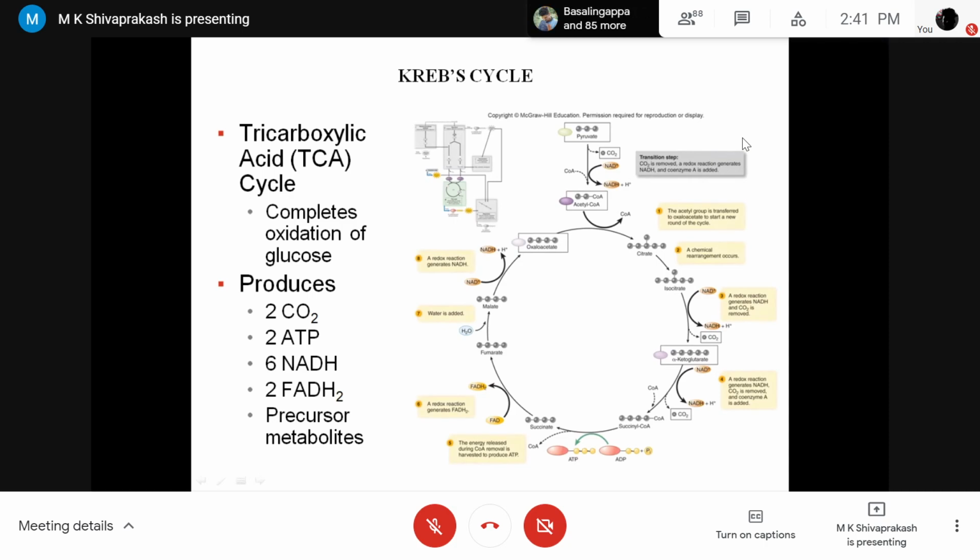Here, ATP means 1 ATP and 1 GTP. GTP is not ATP, but it is counted as ATP only. Then various precursor metabolites for the biosynthetic pathways. These are the ultimate products of the Krebs cycle.